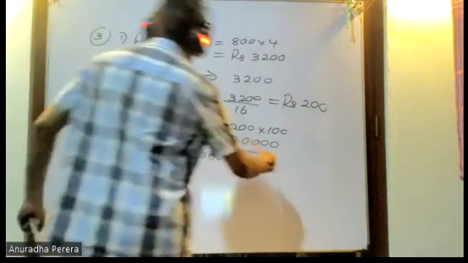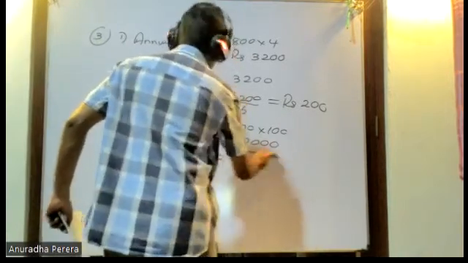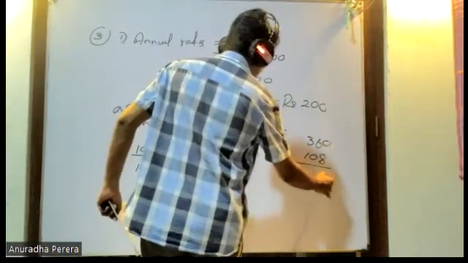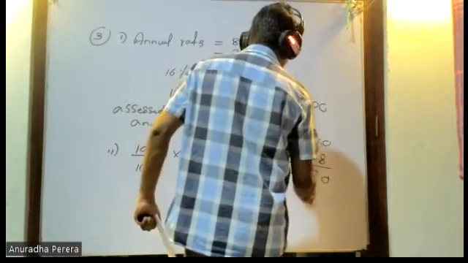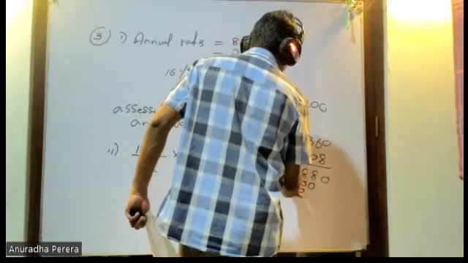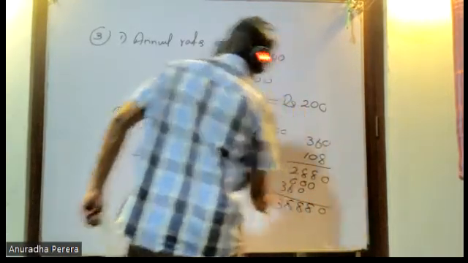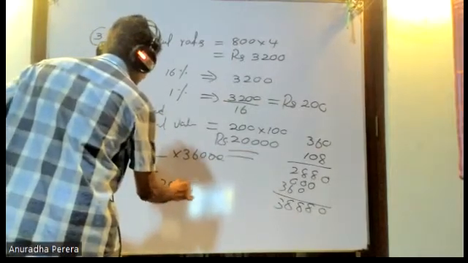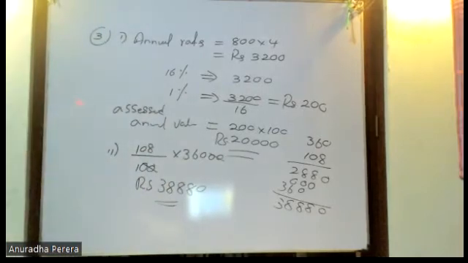Multiply 108 by 360. Your answer is 38,880 rupees.